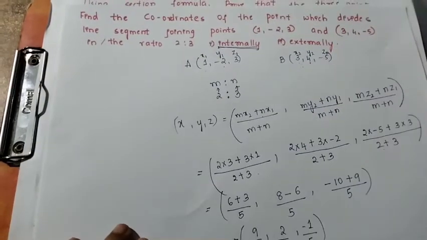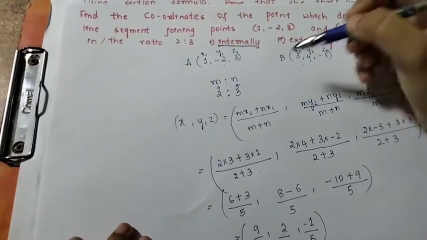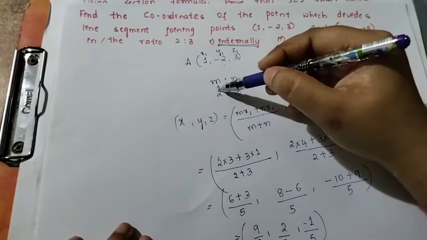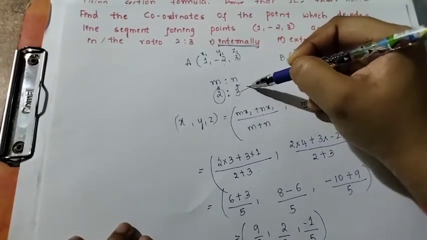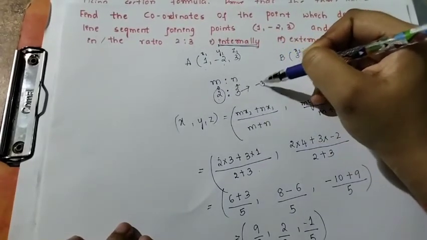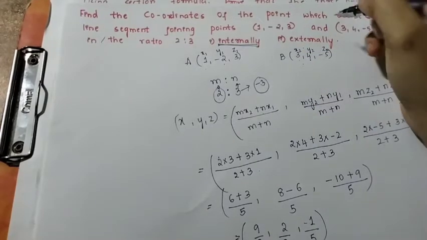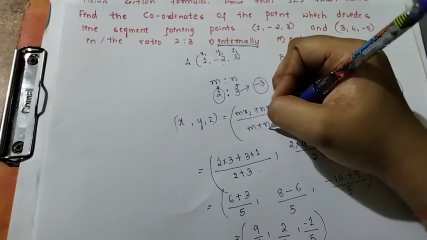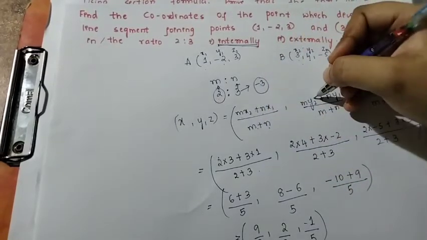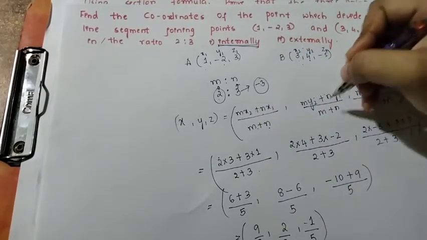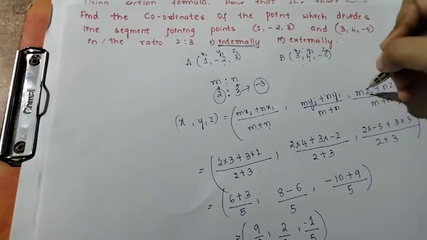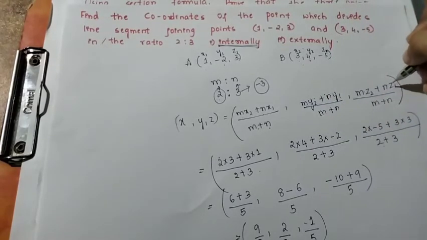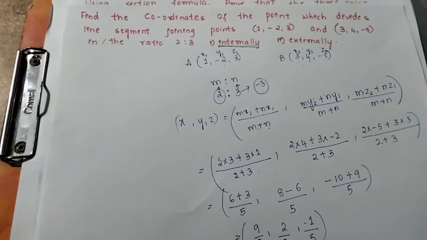Okay. So externally you do the same, but what do you substitute for m? 2. And for n, you substitute -3. That is, mx2 minus nx1 divided by m minus n, my2 minus ny1 divided by m minus n, mz2 minus nz1 divided by m minus n.